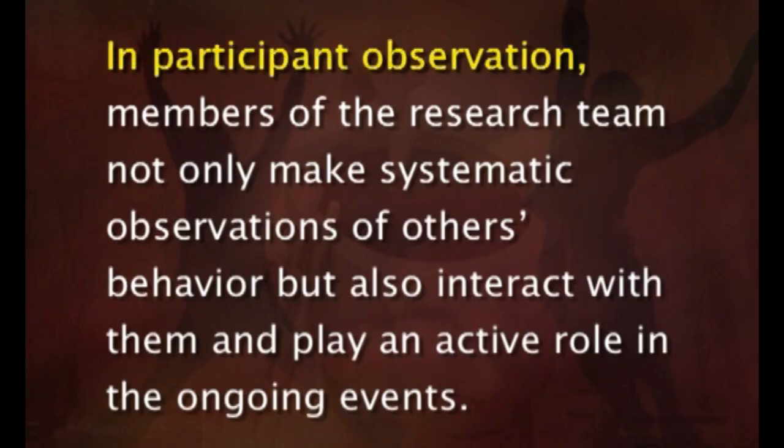In participant observation, members of the research team not only make systematic observations of others' behavior, but also interact with them and play an active role in the ongoing events. Frequently, the fact of being an active participant enables the investigators to approach freely and observe the behavior that otherwise would have been inaccessible.